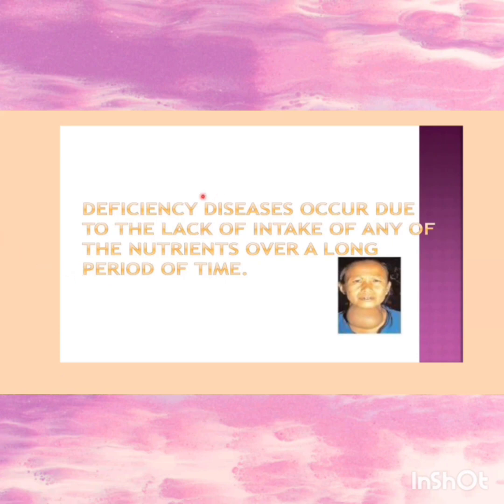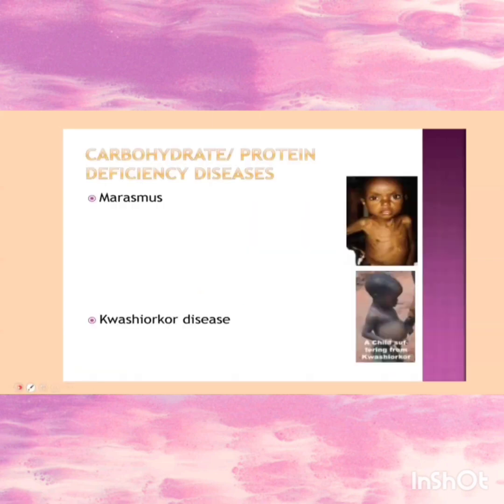So, deficiency diseases occur due to the lack of intake of any of the nutrients over a long period of time. If a person does not get enough protein in his or her food for a long time, then what will happen?